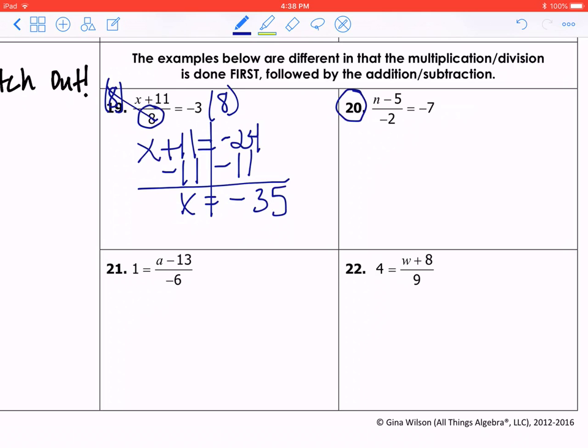21, it's set up just a little different, but I still have something in the denominator, so I'm going to multiply it on each side. The 6's cancel. So we have negative 6 equals a minus 13. Undo the subtraction next to the 13, so add it.